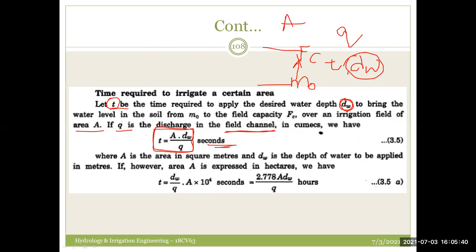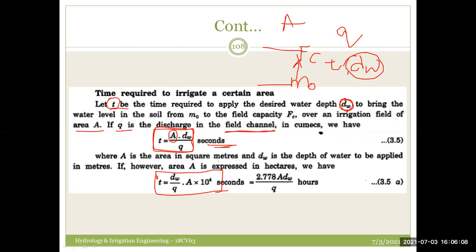Here the area is in meter square. If the area is in hectare, then the equation is T is equal to dW into A into 10 power 4 divided by Q, because 1 hectare is 10 power 4 square meters.